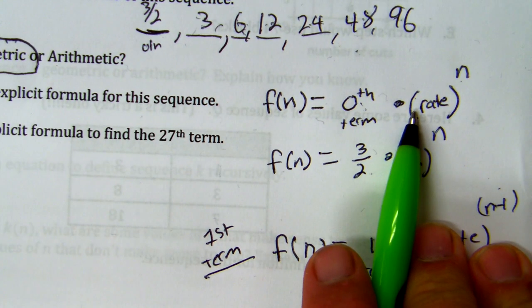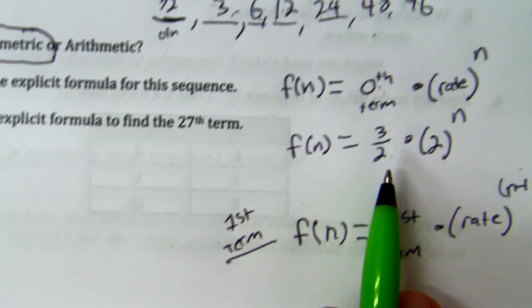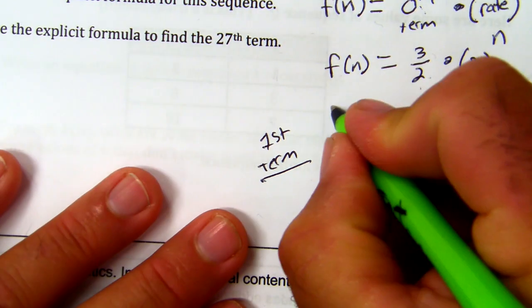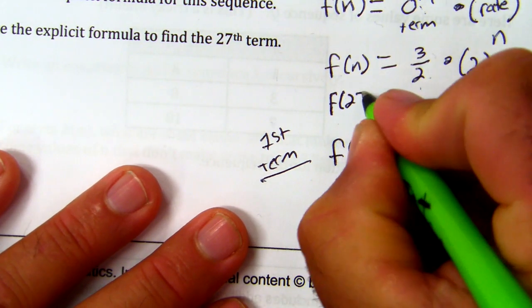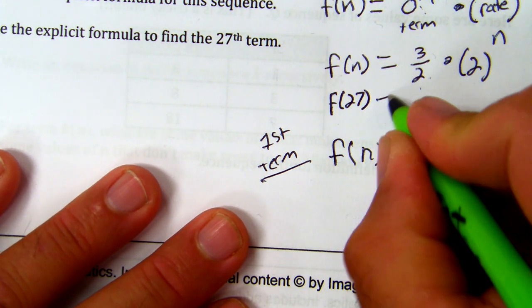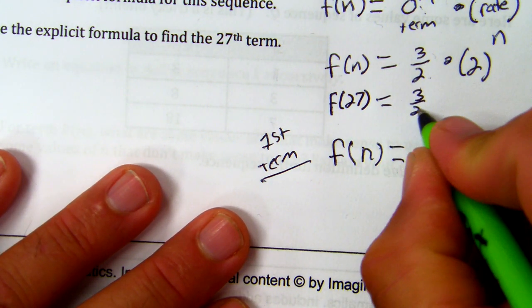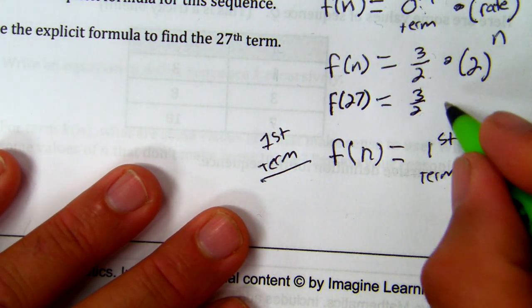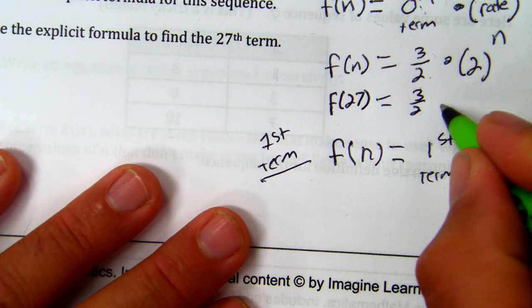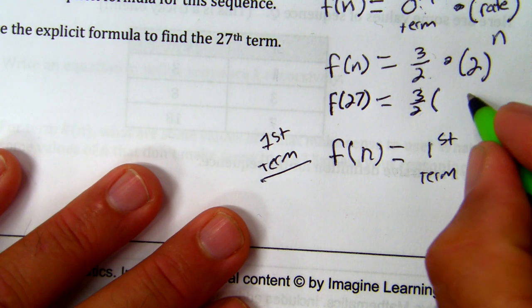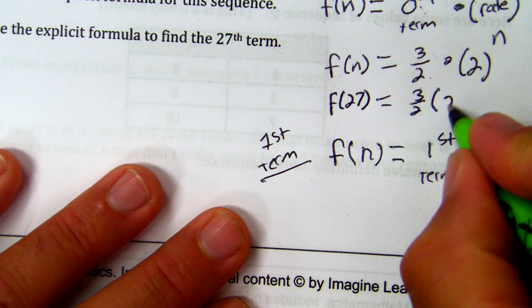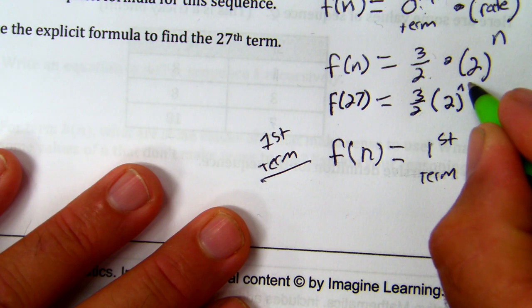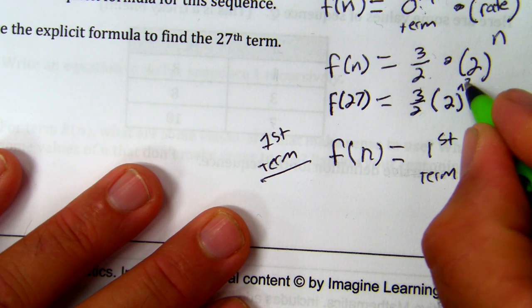Now, I ask you to find the 27th term, and I'm going to use this. If I'm finding f of 27, the 27th term, I am taking 3 halves. Oh, this is going to be ginormous. Luke, hand me your calculator. 3 halves times 2 raised to the 27th power.